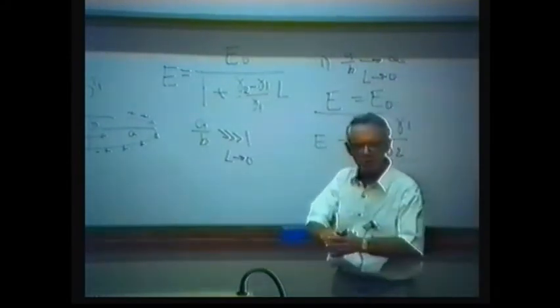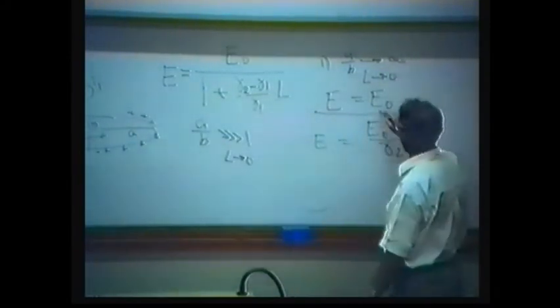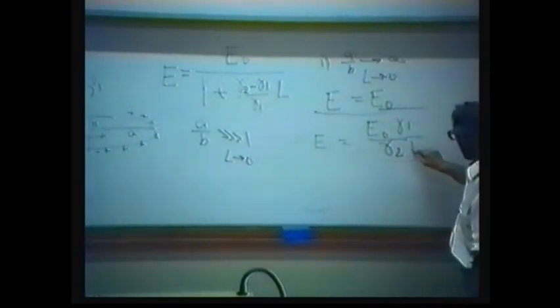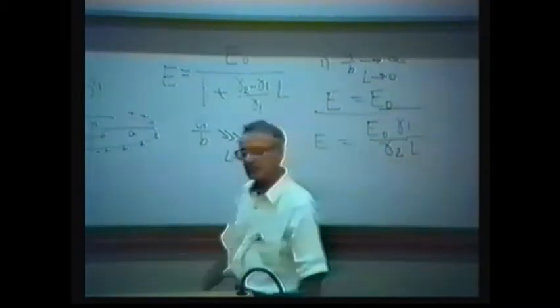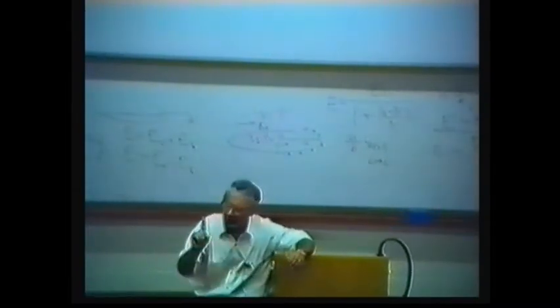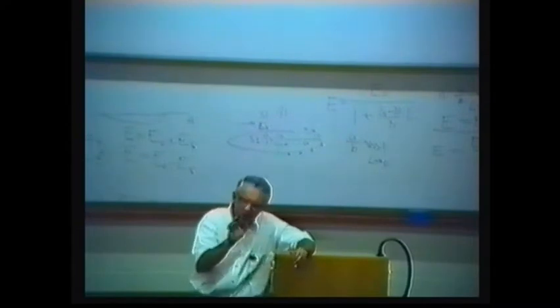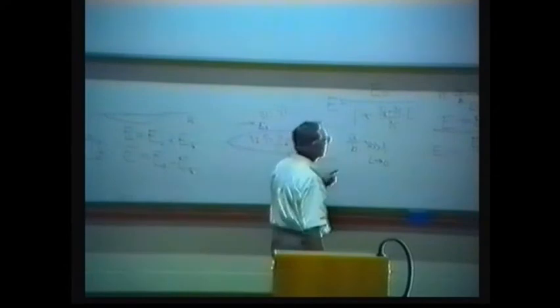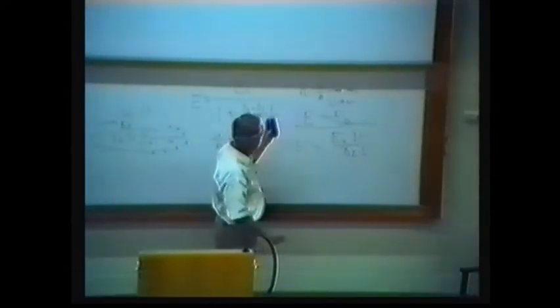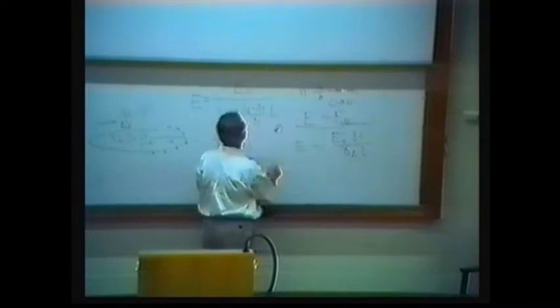So when you have a very good conductor, the electrical field inside is small, but we are not worried about it. Why? Because we make some preparations. Now I would like to do something else. So that's one case, that's the second case.